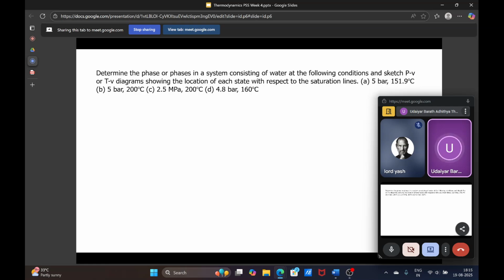But for a given temperature, if the pressure is more than the saturation pressure, it will be in liquid form. And if the pressure is lower than the saturation pressure, it will be in vapor form, or steam. And same, if the mixture is at Tsat and Psat, your saturation pressure, then it can be either vapor, liquid, or both. I hope this is clear.